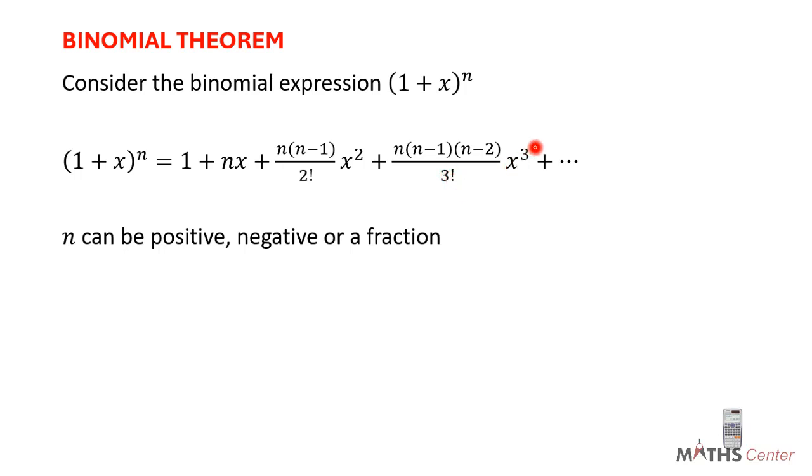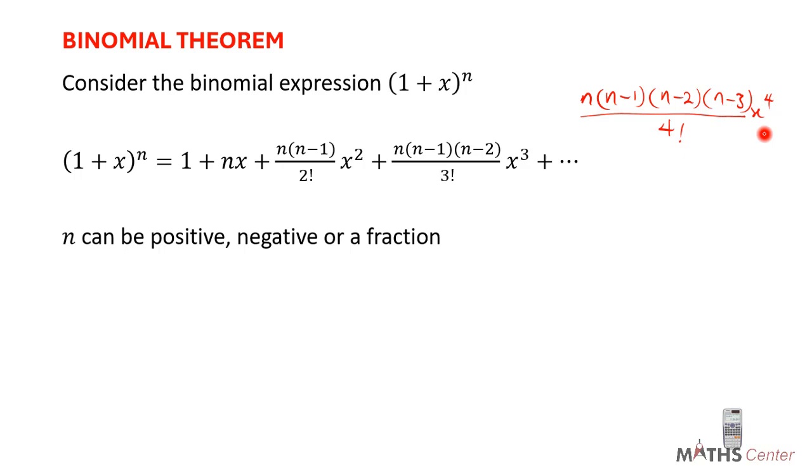So from this, you can see that the next term will be n into bracket n minus 1, n minus 2, n minus 3, all divided by 4 factorial x exponent 4. Then the order continues on and on and on.